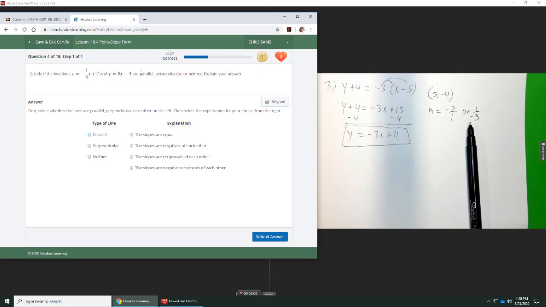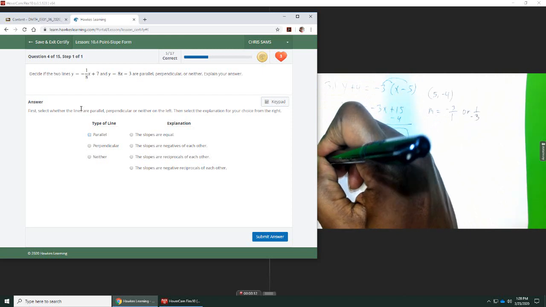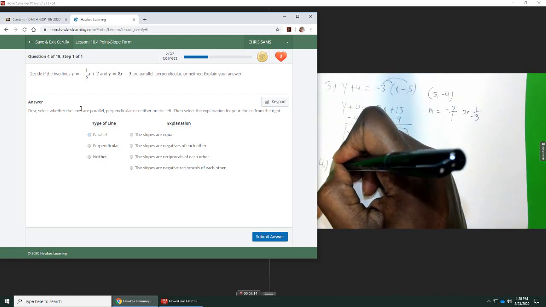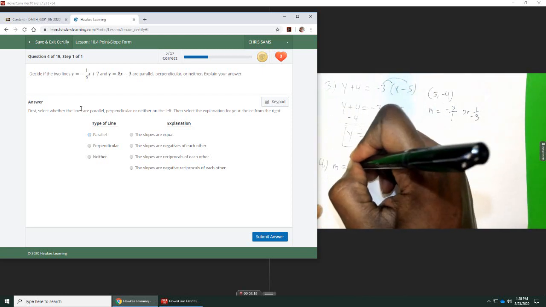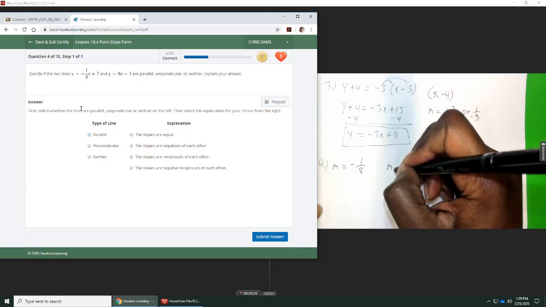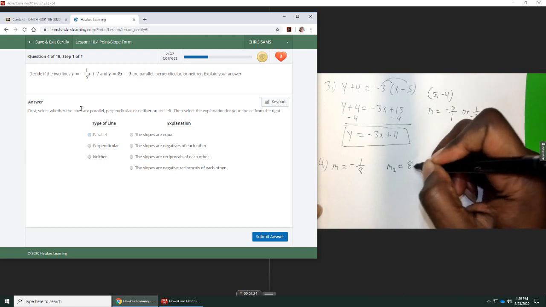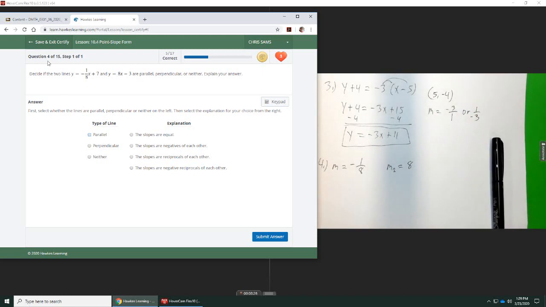Now I need to look at the slopes. Okay, so the slope of the first line is negative 1 over 8. So one slope is negative 1 over 8. The other slope of the second line is just positive 8. Okay.